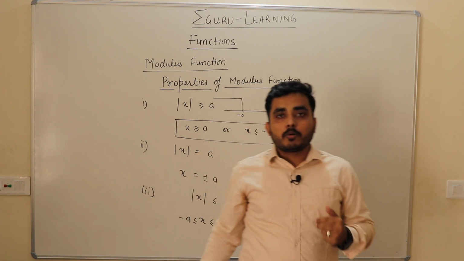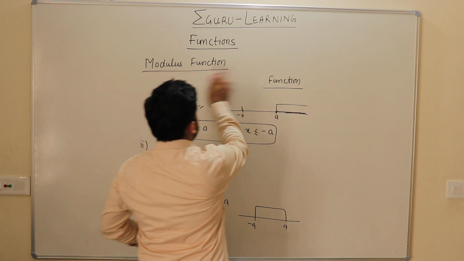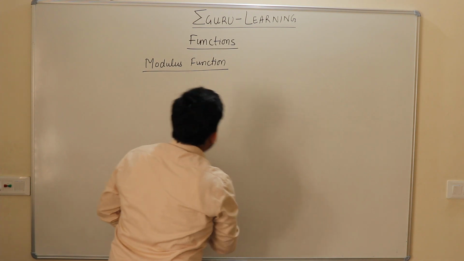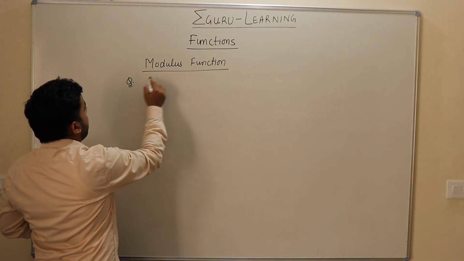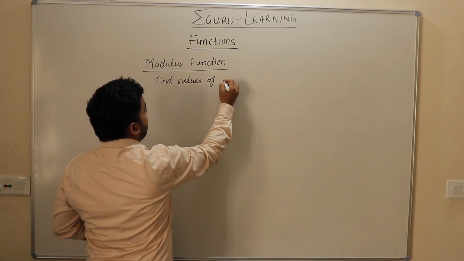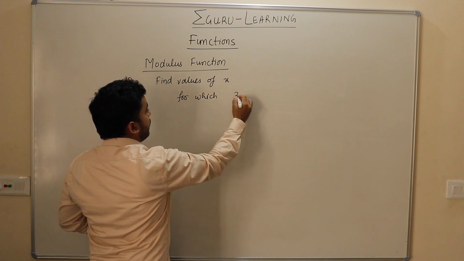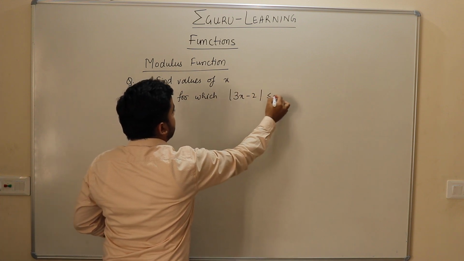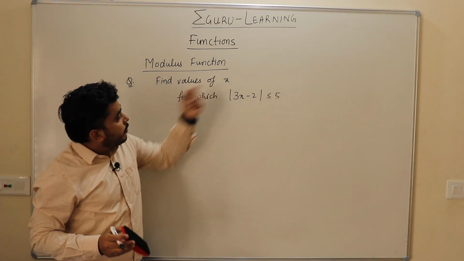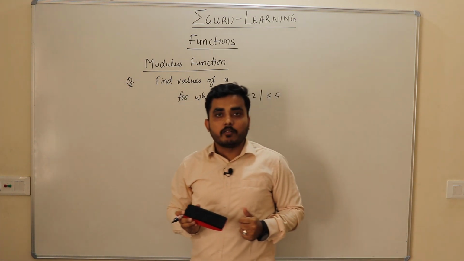Now let us talk about some questions based on modulus function properties. Let's say the question is: find the values of x for which mod of 3x minus 2 is less than or equal to 5.